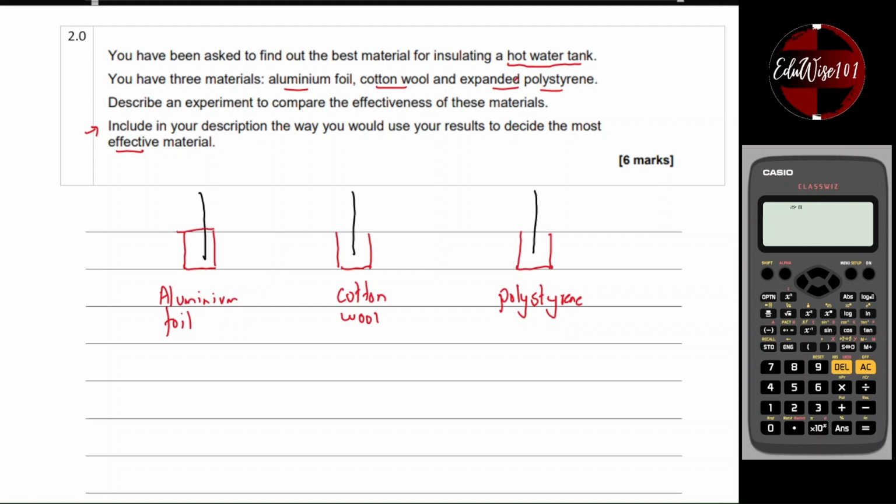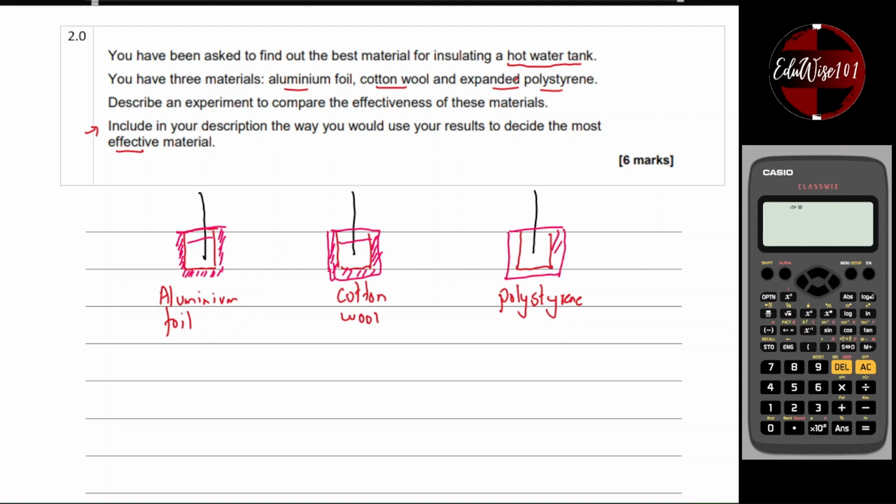I'm going to cover that with the insulation. That's the aluminium foil, and it's got water in there. That's the cotton wool. The diagrams are not that great on this, but it should give you an idea of what's actually happening.